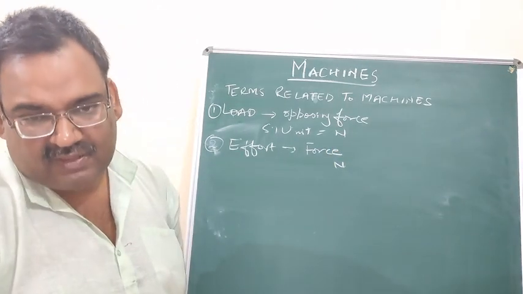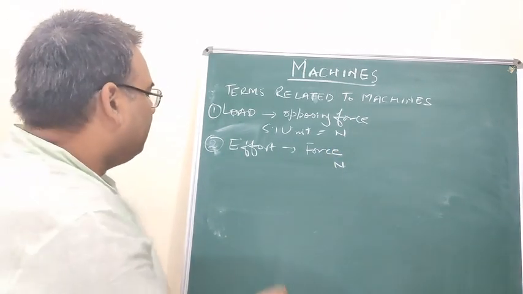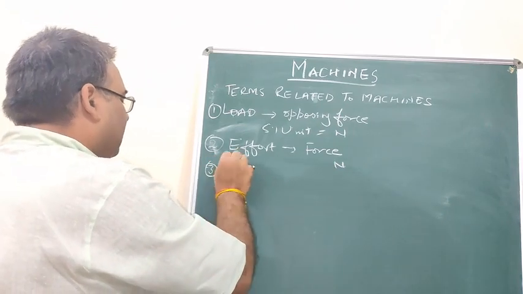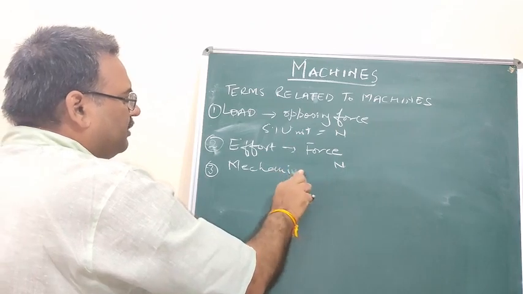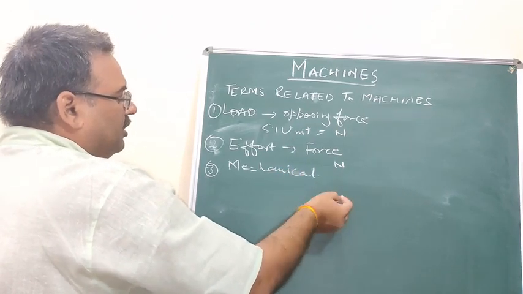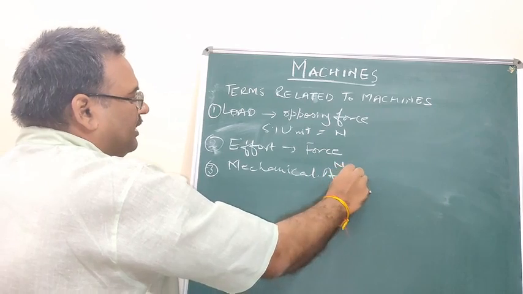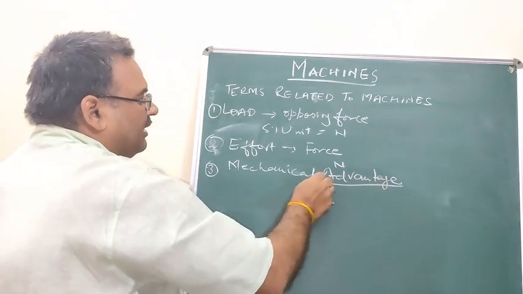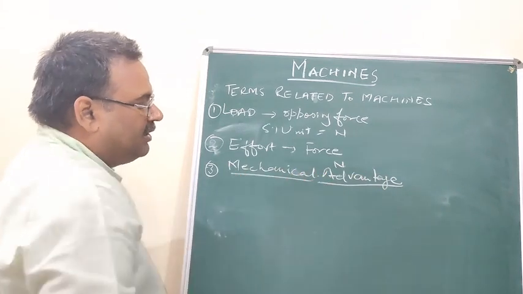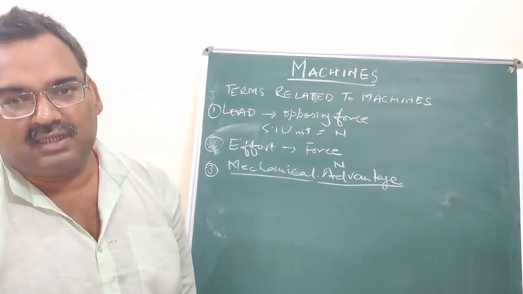Is it clear? Then the third one is mechanical advantage. An important term, because we use machines to make our work easier. We see the benefit of a machine only when we need to apply less force to lift a greater load.